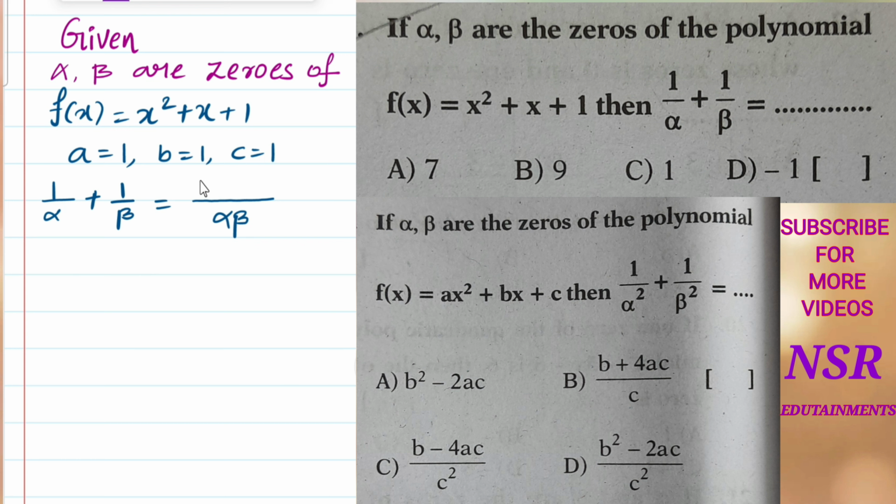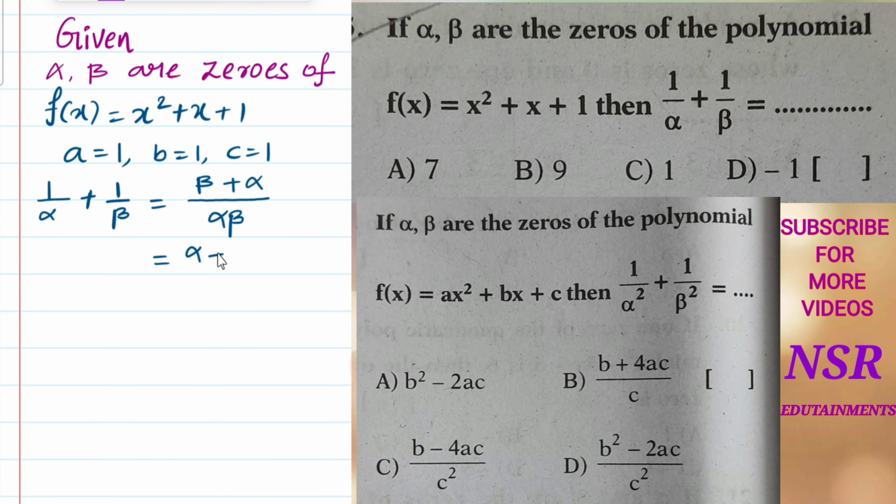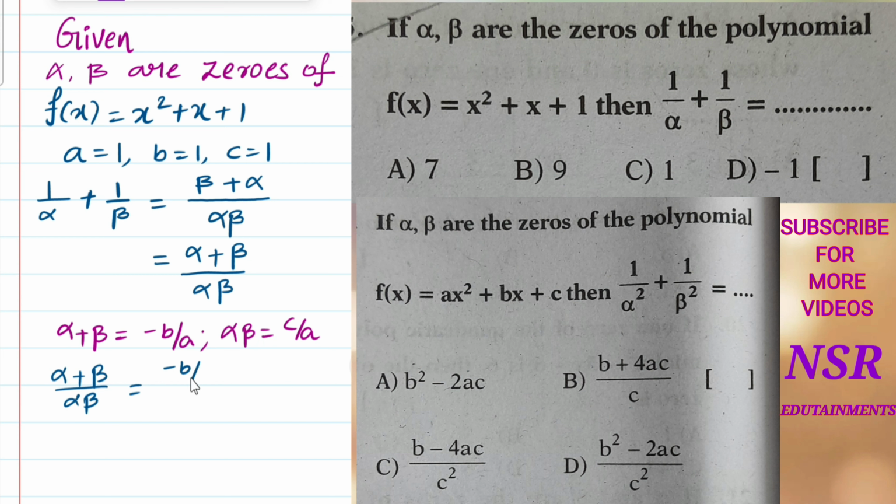Now what is the LCM of the denominators alpha and beta? Alpha into beta. Now here it would be beta and alpha. I am writing beta plus alpha as alpha plus beta, and the denominator is alpha into beta. Alpha plus beta, the sum of zeros, is minus b by a, and alpha into beta, the product of zeros, is c by a. So alpha plus beta by alpha into beta can be written as minus b by a by c by a.